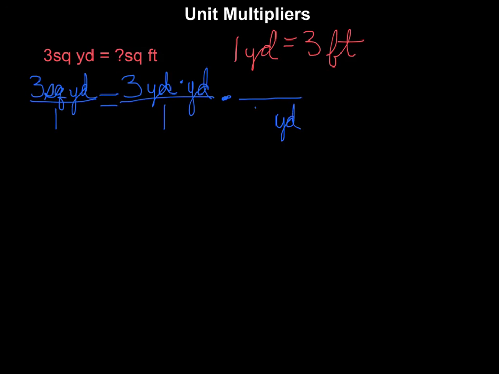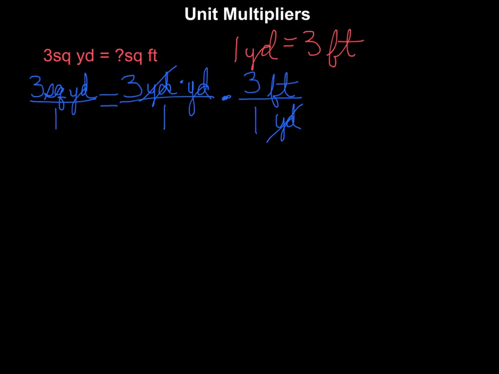So my 1 yard will go on bottom, and my 3 feet will go on top. Now, I have 2 yards up here and just 1 down there. So, one of these will cancel with that. Now up top, I have yards and feet. So if we multiply and simplify now, we'll have yard feet, which is not what we want.